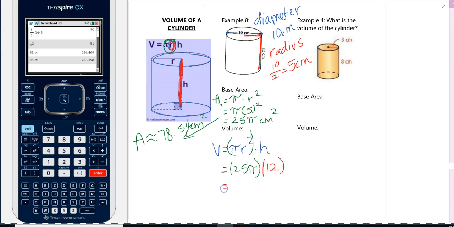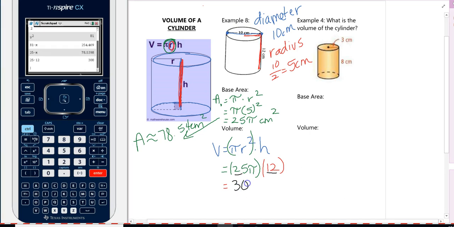Now again, when we are substituting this in our calculator, treat that pi like a variable. Don't touch it until the very end. So I'm only going to multiply my coefficients here, which would be 25 and 12. 25 times 12 would give me 300. Don't forget my pi now. And again, if it doesn't ask you to round and just wants to be as exact as possible, then you could leave your answer just like that as 300 pi centimeters cubed.